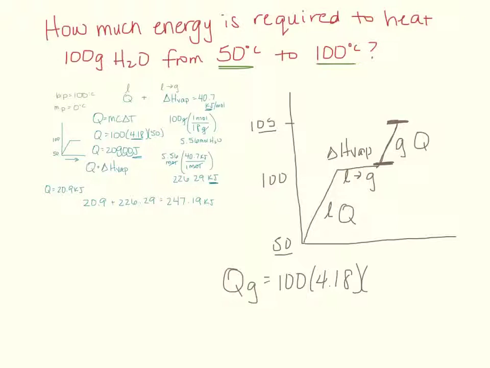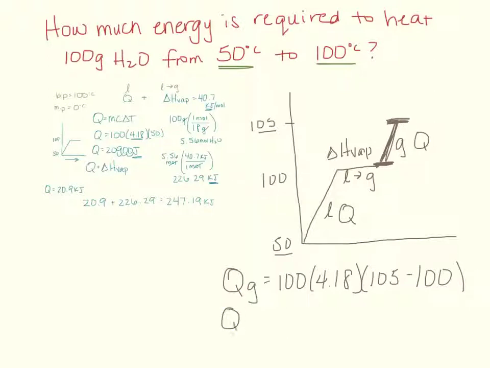I'm just going to go final minus initial. My initial temperature in my gas phase is 100 degrees Celsius, so my final, 105, minus my initial, 100. Because my gas phase starts at 100 degrees Celsius, and we're cutting it off. They told me that we're only raising the temperature of the water to 105, so that's my final.